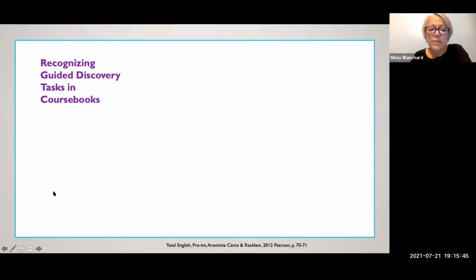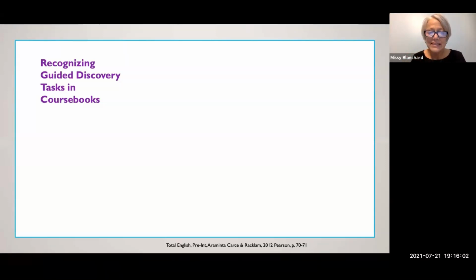Okay, now some course books these days actually have guided discovery tasks in them. I have noticed that on a lot of CELTA courses, the guided discovery box is there, but sometimes the teachers don't recognize that that's what it is.